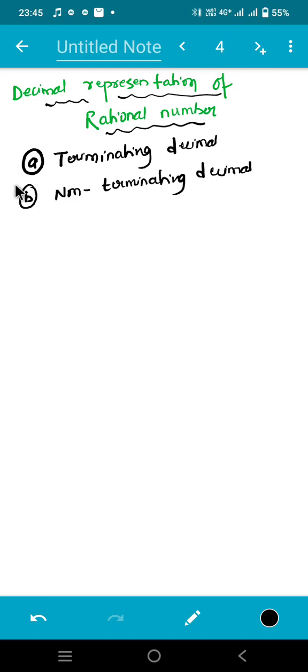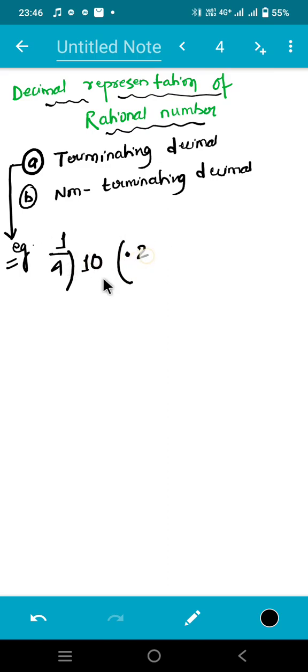So example. Now what if I divide 1 by 4? Let me divide. 1 is not divisible, so definitely we'll take a decimal here and we'll insert 0. Then 4 2s are 8.